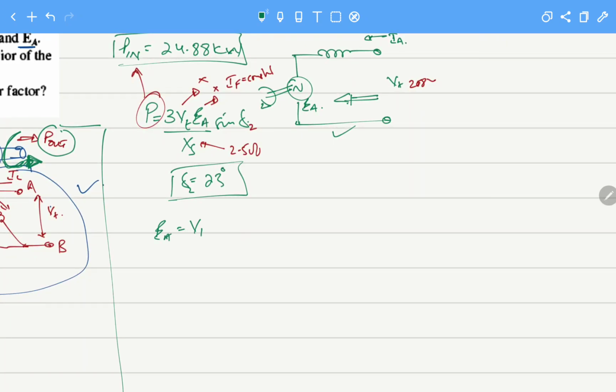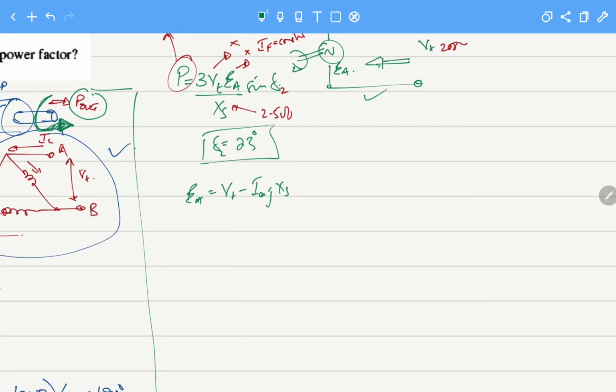EA equals VT minus IA jXS, so IA equals VT minus EA over jXS.